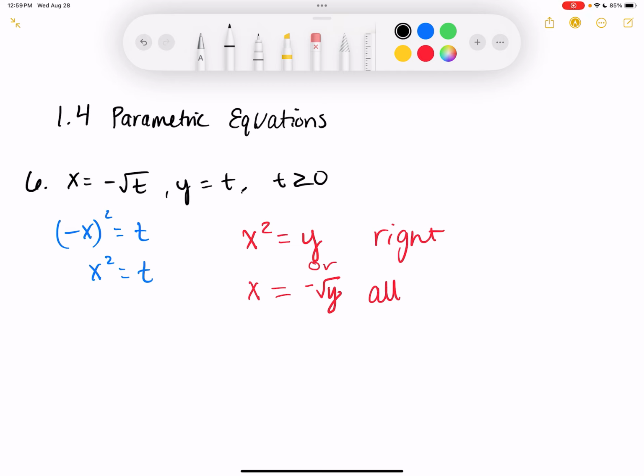Let's see if we can get one that makes it a little easier. x equals the sine of 2 pi t. y equals the cosine of 2 pi t. 0 is less than or equal to t is less than or equal to 1.